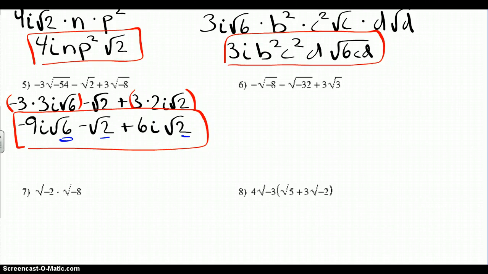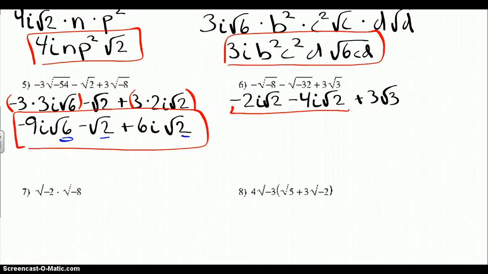Number 6, I need to simplify the square root of 8, keep the negative sign on the outside, and I have 2i root 2. I need to simplify the square root of negative 32, which gives me 4i root 2. And then I can't simplify 3 root 3 anymore. Now if you notice, I'm looking for like terms here.